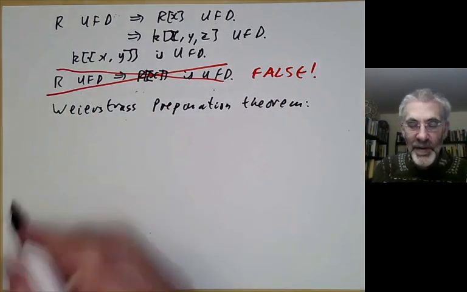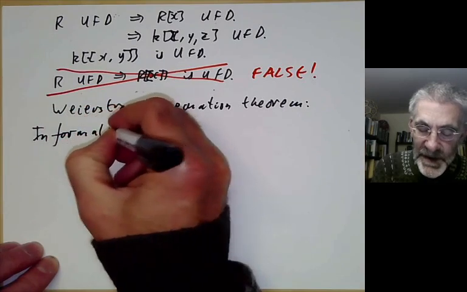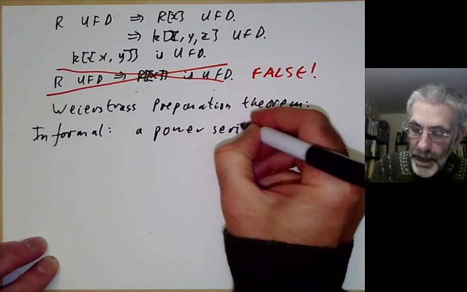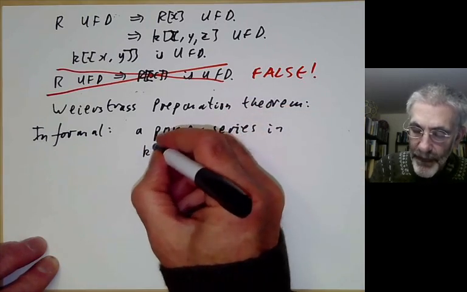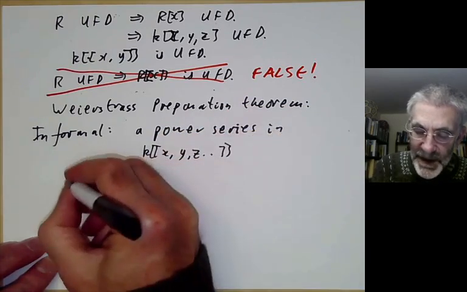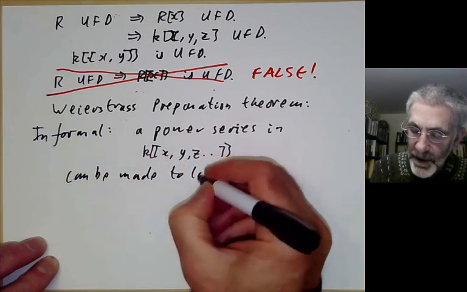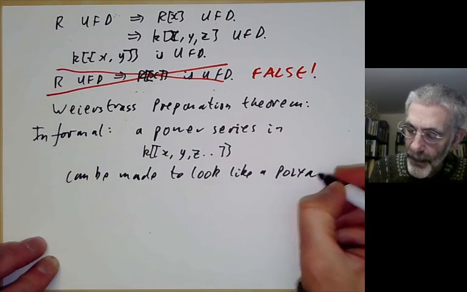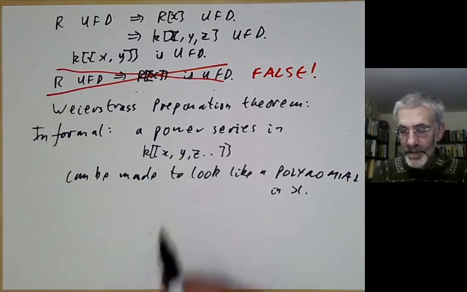And the Weierstrass preparation theorem, let me say what it looks like formally first. It says that a power series in several variables, k[[x, y, z]] and so on, can be made to look like a polynomial in x.